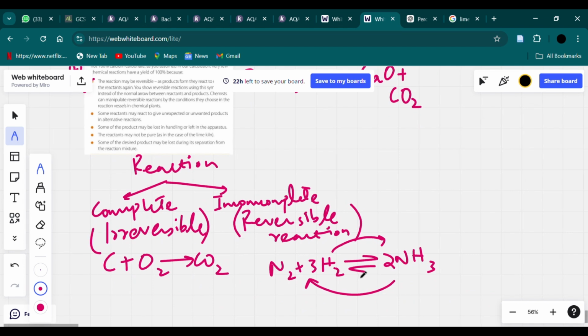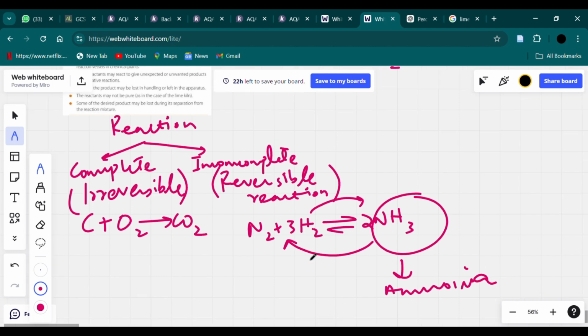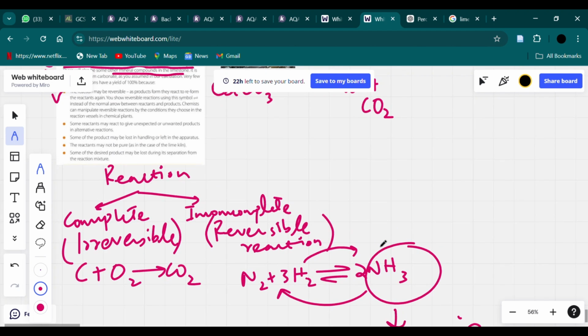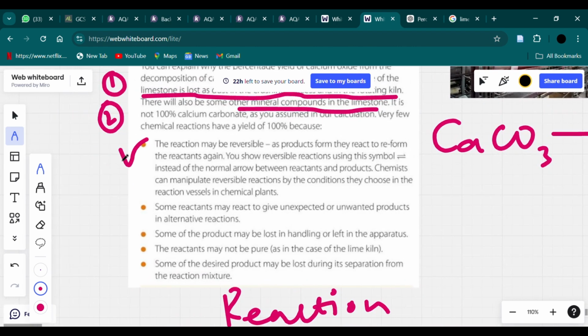Because of that, there would be no production of the maximum actual yield. For example, ammonia is produced with a reversible reaction, so there would be no completion of the reaction. Because of the reversible reaction, we can't get the maximum amount of the product that we desire. So this is one reason that the actual yield is less than the theoretical yield.